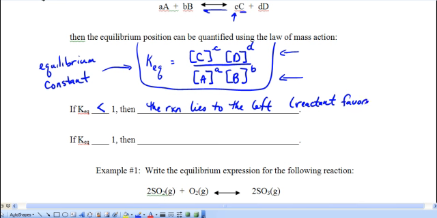Now the opposite, if you have KEQ that is greater than 1, that must mean that the numerator is larger than the denominator. And if the numerator is larger, that means that the products are favored, so that the reaction lies to the right, or once again, product favored.